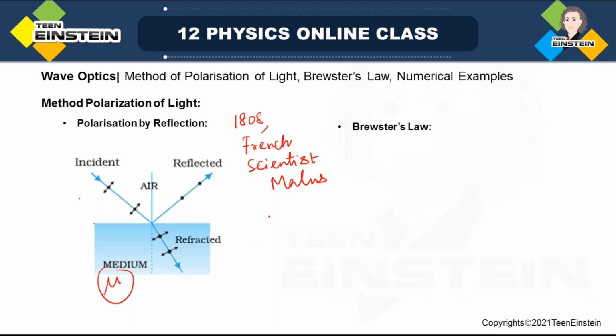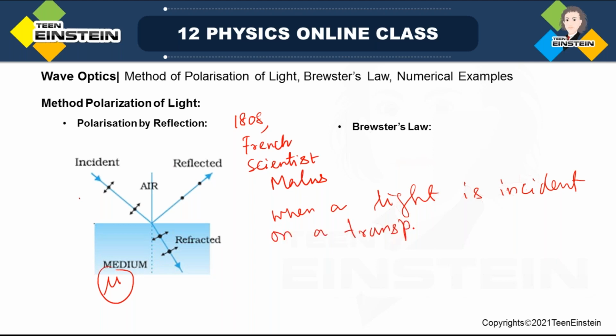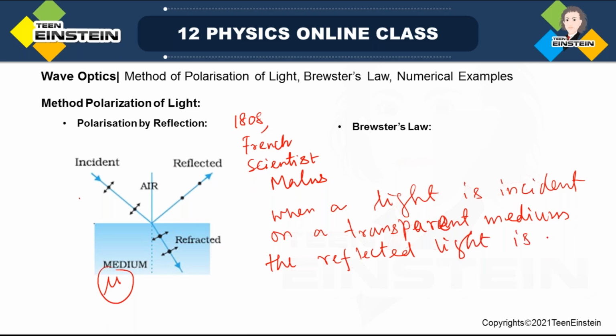So what was the observation? When light is incident on a transparent medium, the reflected light is partially polarized.